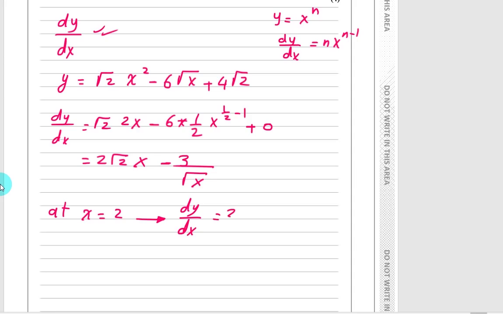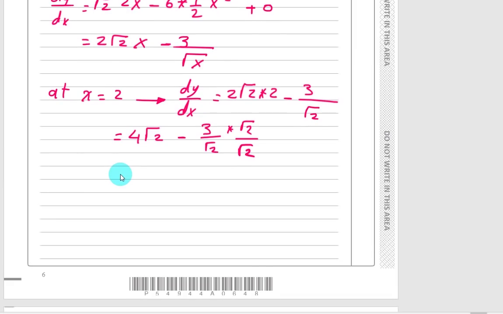dy by dx will equal 2 square root of 2 multiplied by 2 minus 3 divided by square root of 2. So it equals 4 square root of 2 minus 3 divided by square root of 2. Let us multiply by square root of 2 over square root of 2.